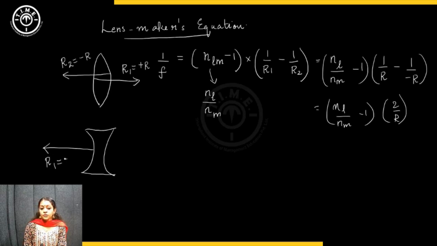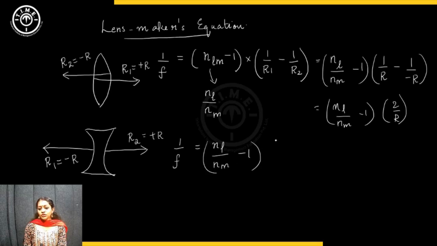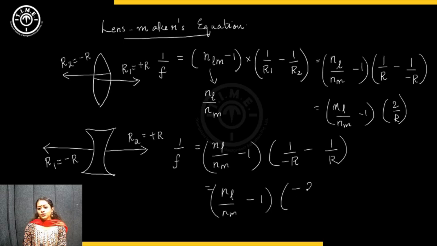So, R1 should be taken as minus R, and the radius of curvature of the second spherical surface is measured towards the right, so R2 should be taken as positive R. Now, when you substitute, the equation becomes 1 by f is equal to (n_L by n_M minus 1) into (1 by minus R minus 1 by positive R). So, this becomes (n_L by n_M minus 1) into minus 2 by R. Is it clear?